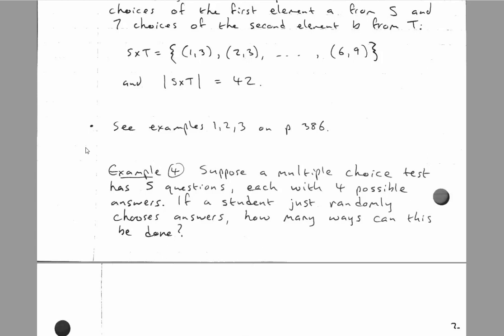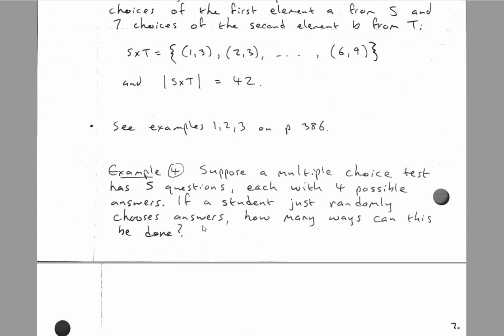Let's see. Example 4. Suppose a multiple choice test has 5 questions, each with 4 possible answers. Suppose a student is just randomly choosing answers. How many ways can this be done?